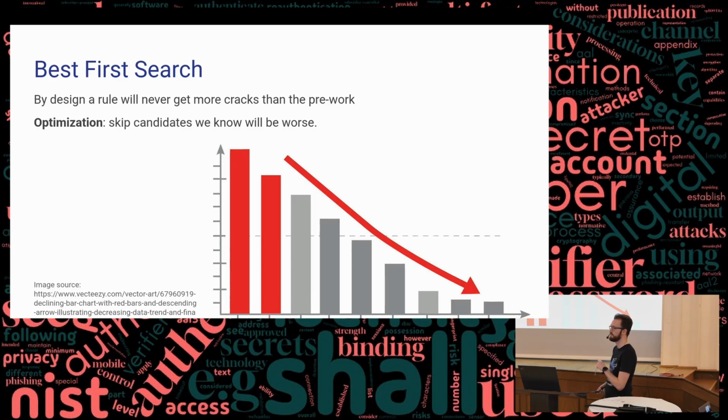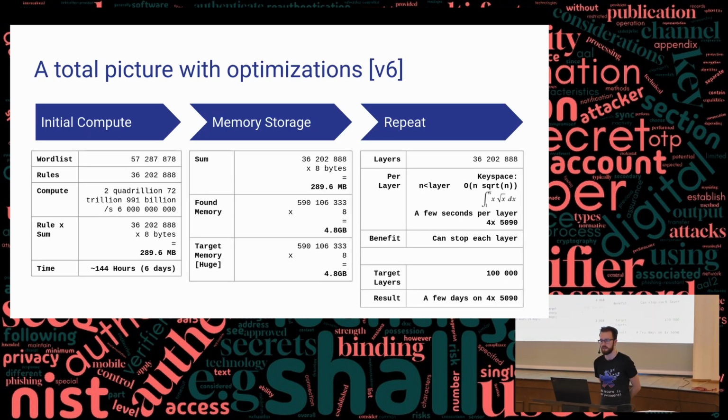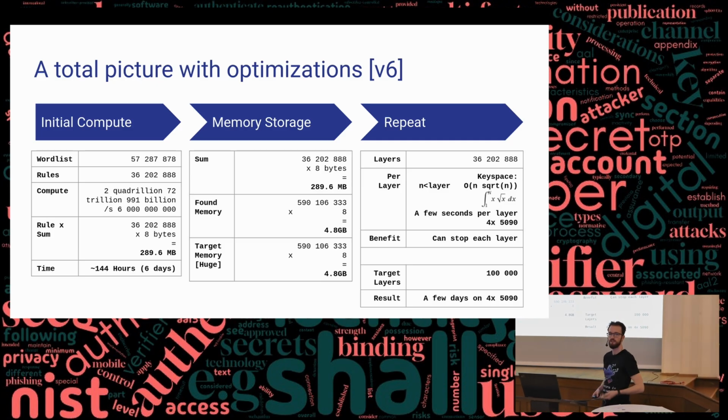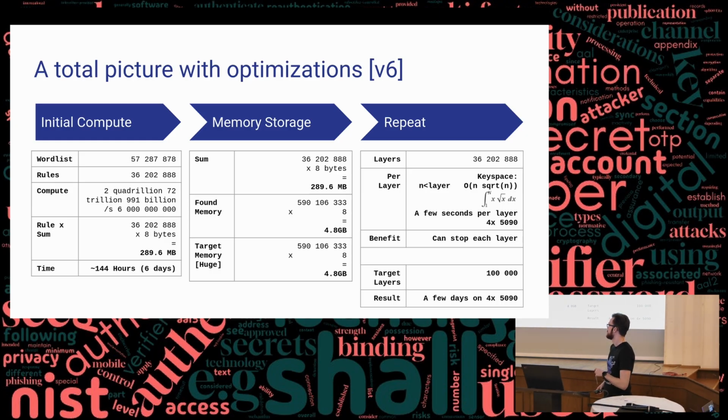And at some point, based on the first pass that we did, we know that the ones are going to be below the threshold that we found. So we're going to have our next best one and know that everything below is going to be worse, since it's sorted. And this allows for a little bit extra of optimization, and it actually makes it feasible to run this algorithm in a reasonable time span.